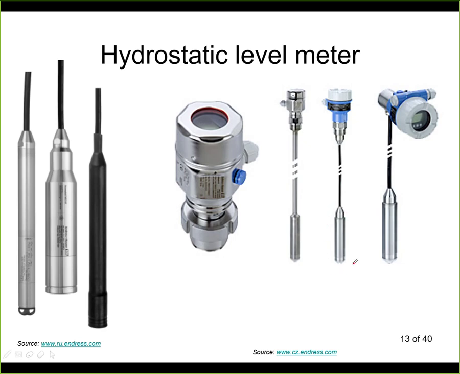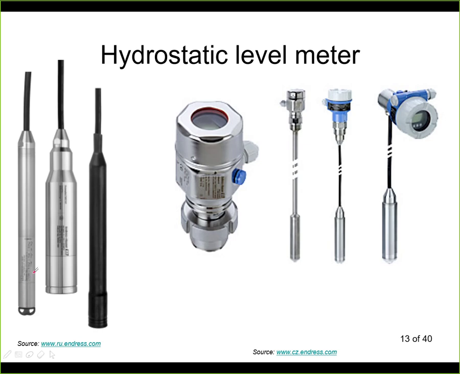And this probe sits at the bottom of the tank, or at a given height above the bottom. And there is a diaphragm that measures the hydrostatic pressure. With those openings that we see here and here, the liquid may actually enter to the diaphragm.